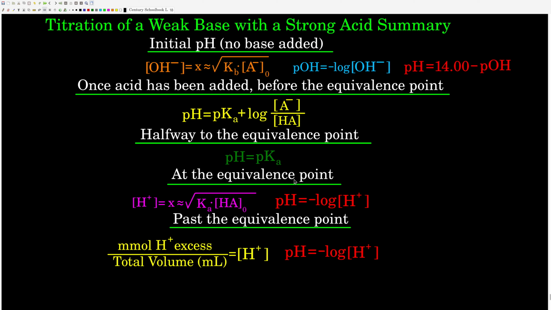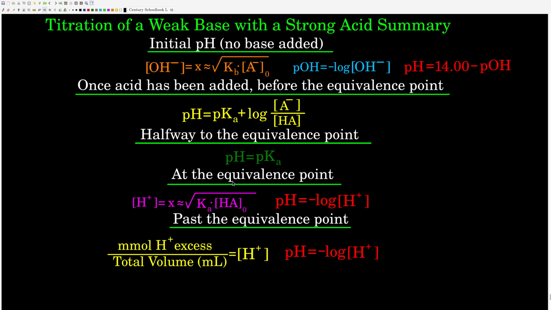At the equivalence point, all of the base has been converted into its conjugate acid. The way to think about that is we start out converting all of the weak base into its conjugate acid, and then we let that conjugate acid come to equilibrium. That's going to affect the pH, and that's why, because it's an acid, the pH is less than 7 at the equivalence point.